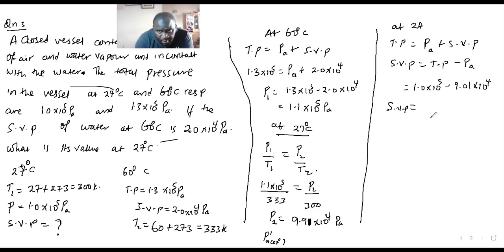Are you sure 9.9? Sorry, this was supposed to be 9.91, because it was 9.91 down here. I wrote 9.01, so that changes the value. So now it becomes 9 times 10 exponent 2, and that is the answer.